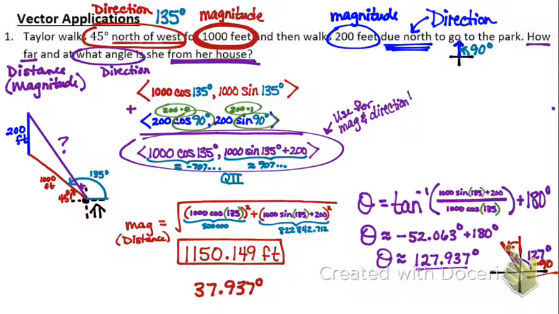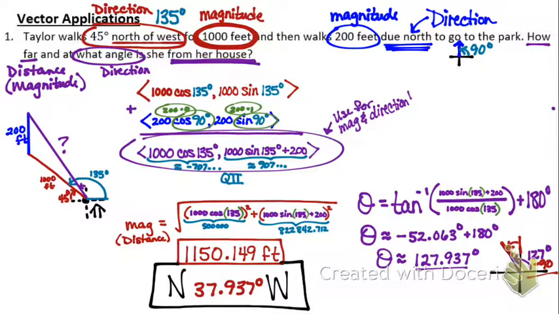If I'm in quad 2, I have to go north and west. Because remember, we're doing this from the house. From the house to get to Taylor, we're going to have to go to the north and to the west. So far, so good?